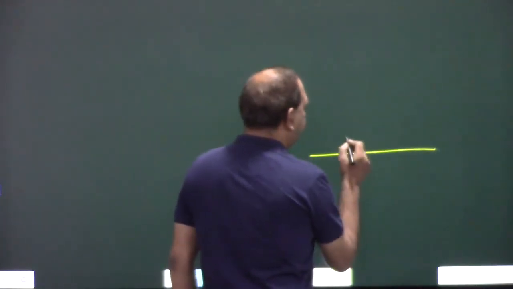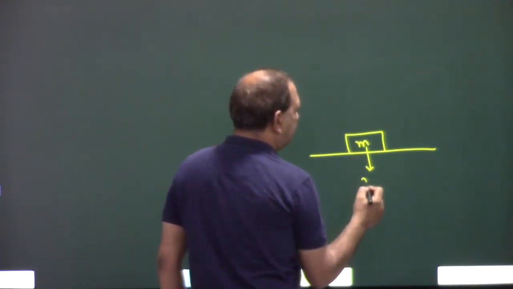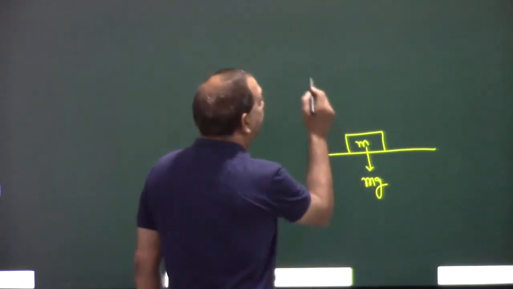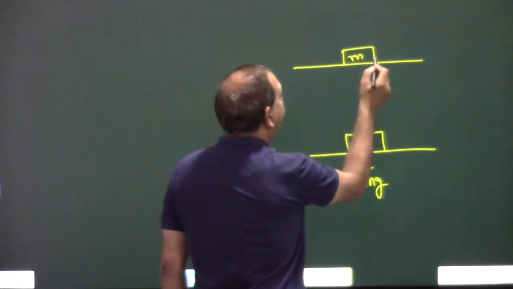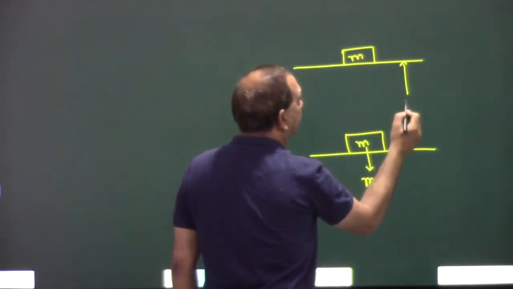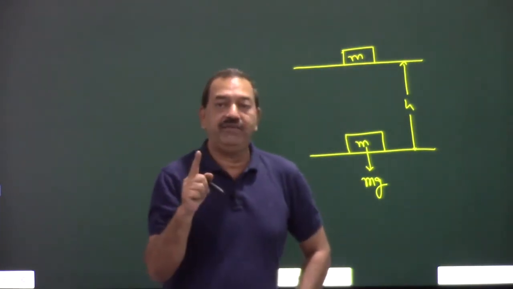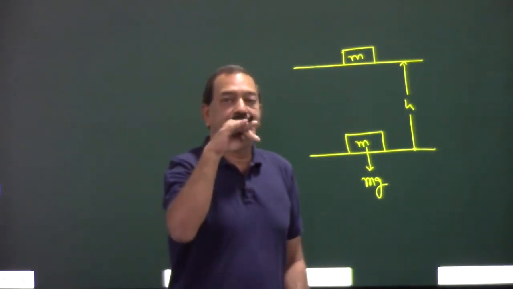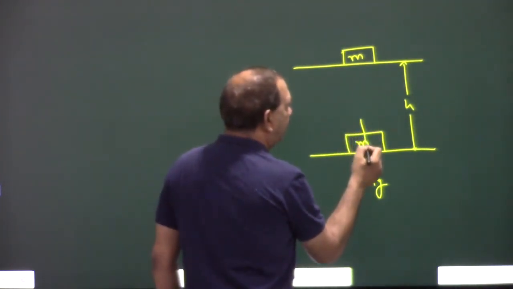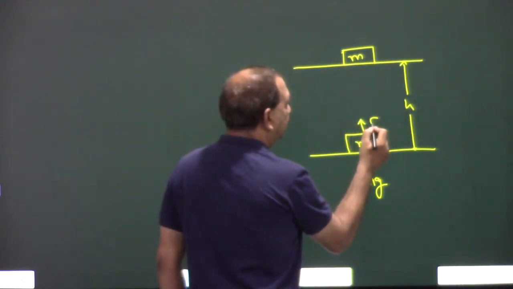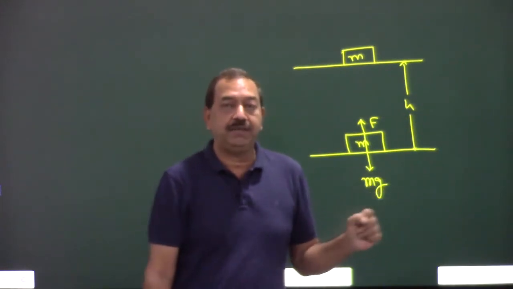This is the object in my hand of mass m. There is the weight of the object, and this object is shifted to a height h. Obviously, if the object has some weight, then to lift the object we have to apply a force. So let me apply a force. Now, can you tell me how much this force must be?